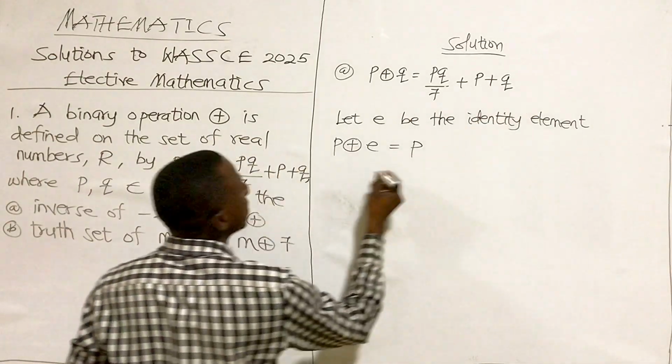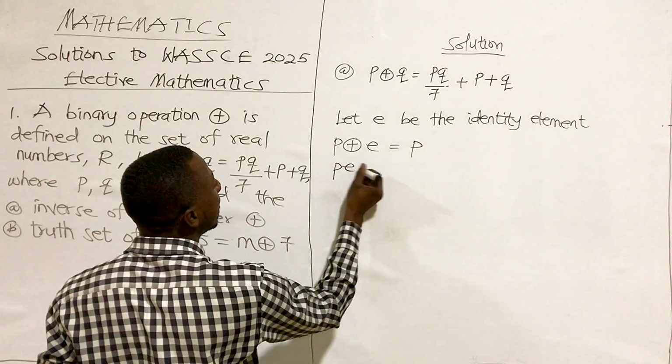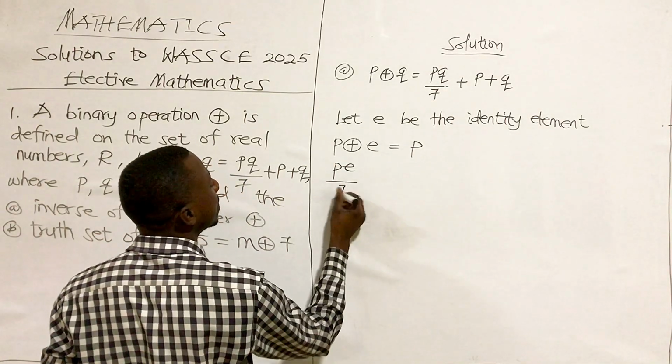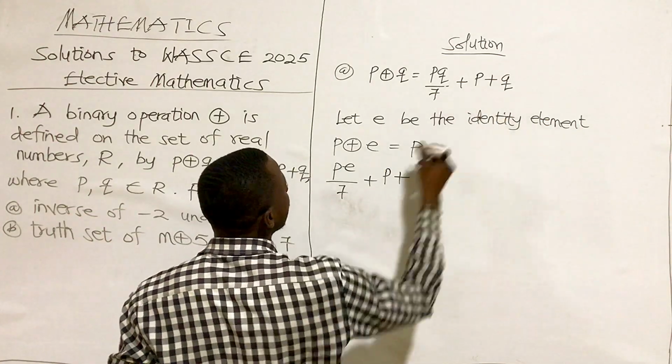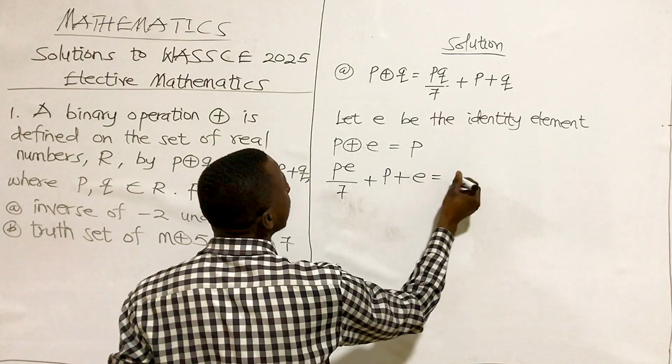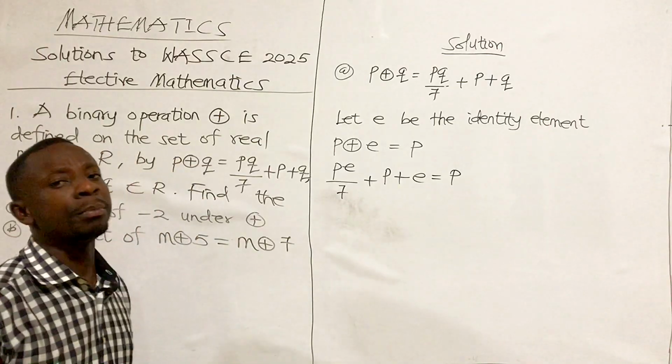So from the definition, it's going to be PE over 7 plus P plus E, but now this is equal to P.